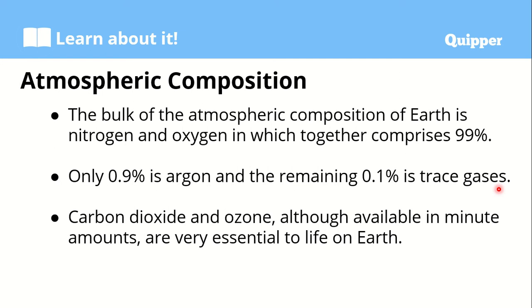Now, carbon dioxide and ozone, although available in minute amounts, are very essential to life on Earth. So this means class nga ang mga carbon dioxide and ozone, they're just present on the Earth's atmosphere in minute amounts, or very gagmay lang jud kayo ang percentage nga naa or nga nabilong si carbon dioxide and ozone.